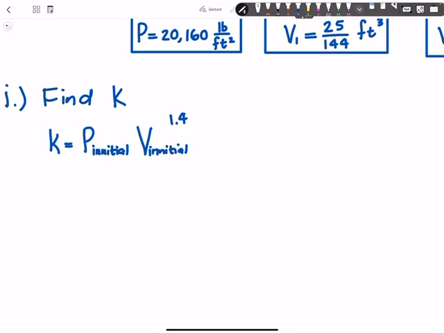So this will be equal to my 20,160. That's the initial pressure. And then that initial volume was 25 divided by 144, and that number will be raised to the power 1.4.